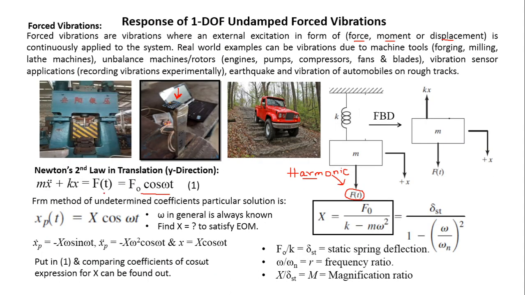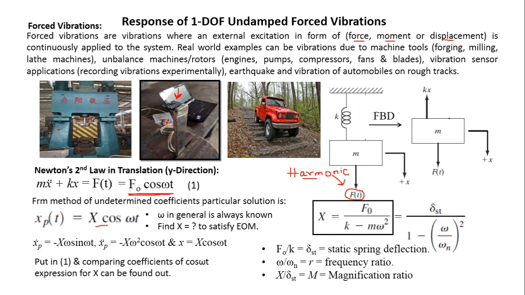So this is a second order linear non-homogeneous differential equation of motion. And from the method of undetermined coefficients, the particular solution can be written as x_p as a function of time equals capital X cos omega t. So you can see that we have assumed the same mathematical form as the given harmonic excitation.